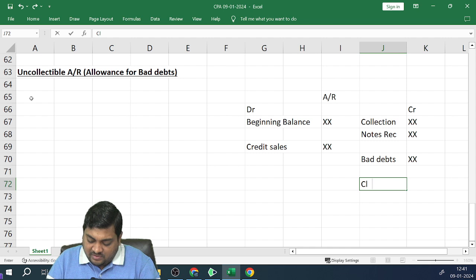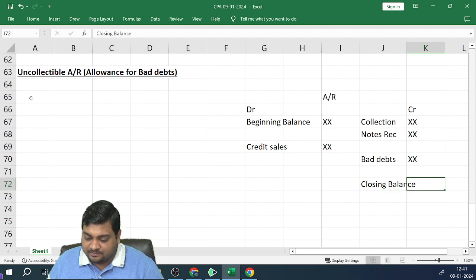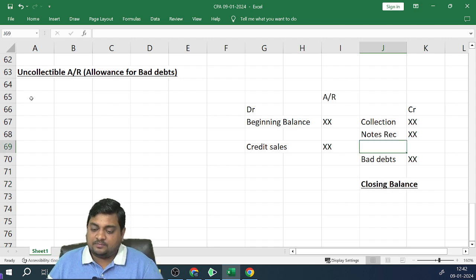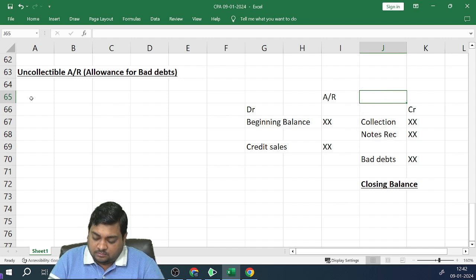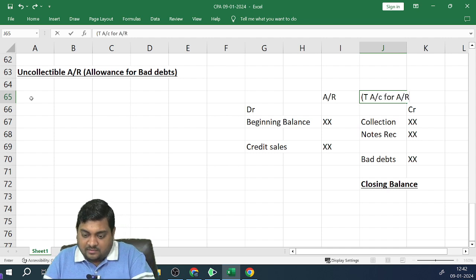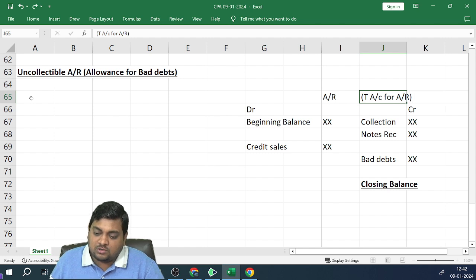So ultimately we will get the closing balance. So this is how a T account for AR looks like.